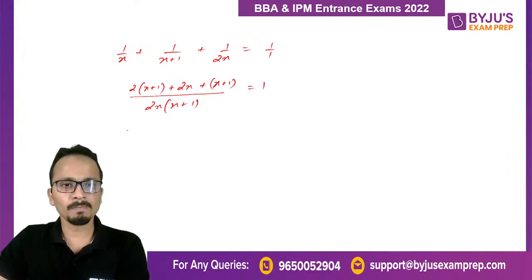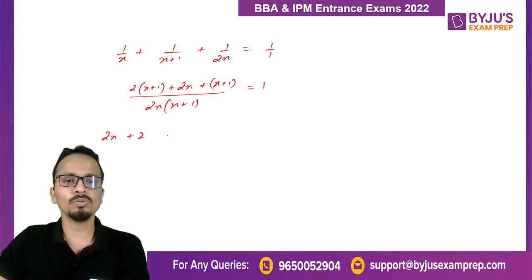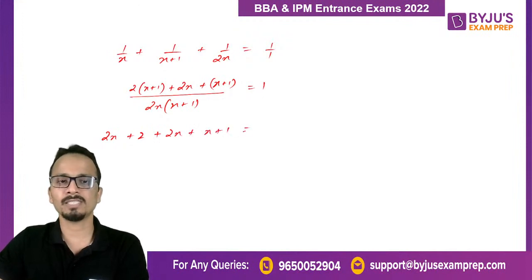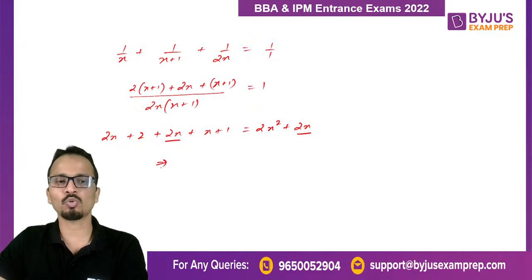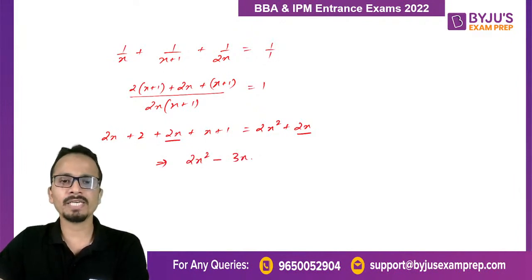So upon solving, 2x plus 2 plus 2x plus x plus 1 is equal to 2x square plus 2x. Now 2x and 2x will get cancelled from both the sides. So the quadratic equation that I'll get will be 2x square minus 3x minus 3 equal to 0.